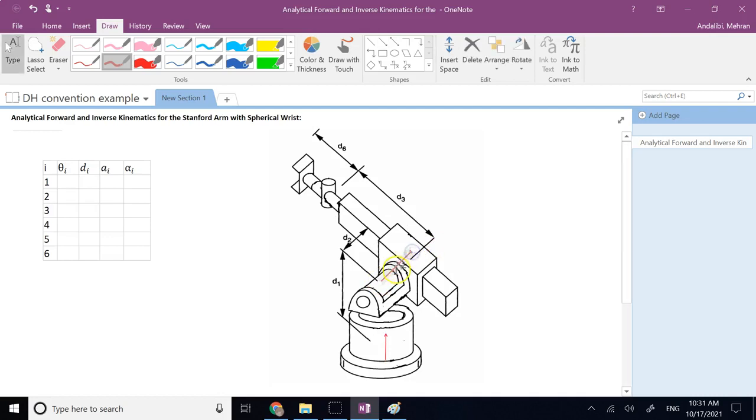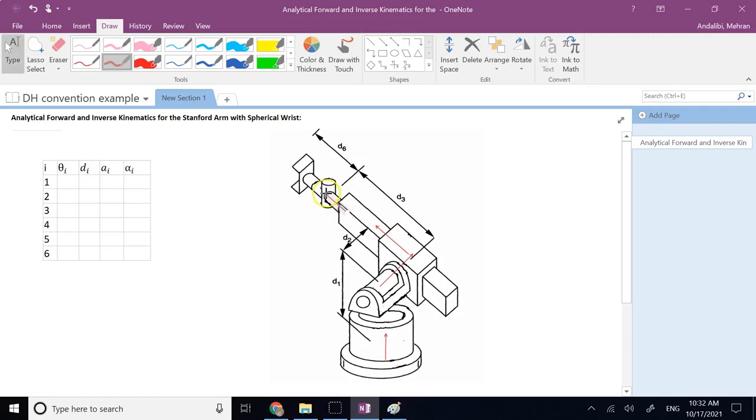Something like this, or I can bring it a little bit off here. Then we have z2, which is aligned with the motion of the prismatic joint. So it is going to be something like this. Then we have z3, this rotation here, right? And then like this.